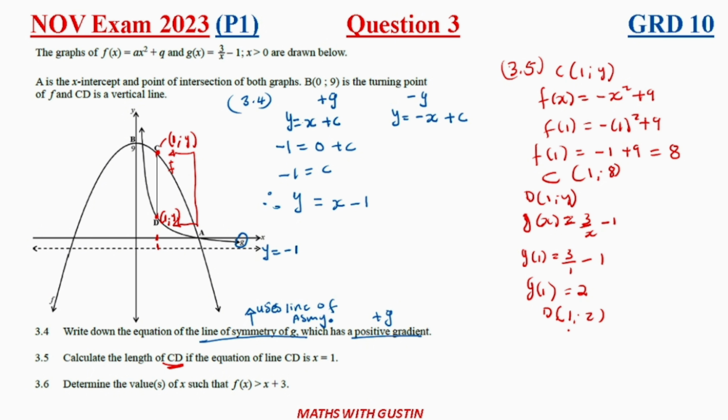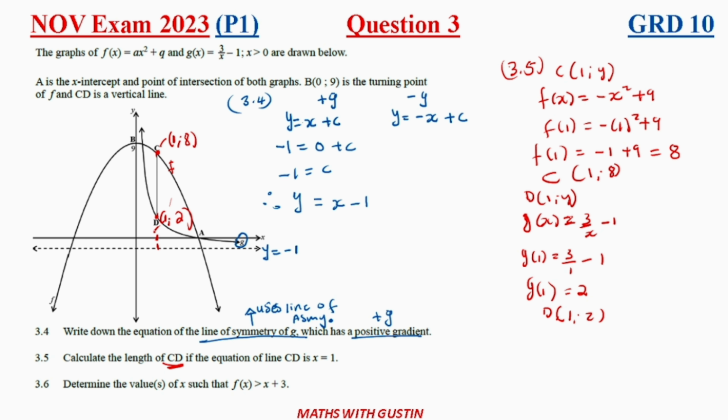Great stuff. So now you can say, let's substitute them here. The y coordinate here is 2, and here it is 8. So the distance between the two will just be the difference.